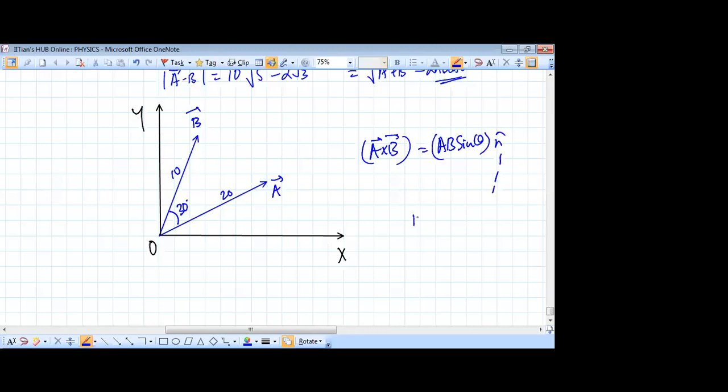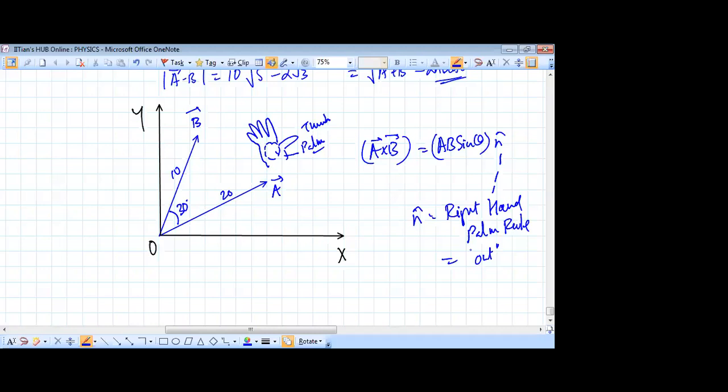Now, what will be the direction of n cap? For n cap, apply the right hand palm rule. Point your right hand thumb here and your right hand fingers like this. So you'll see that your palm is facing up, outwards. So it's out of the plane, coming out of the plane. So which direction is that? Positive z axis. Okay, so plus k cap.